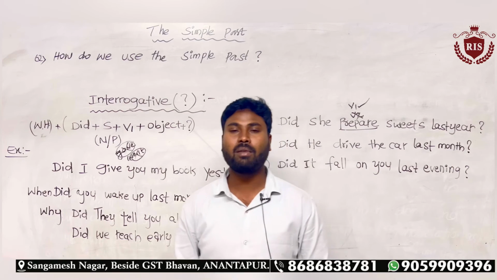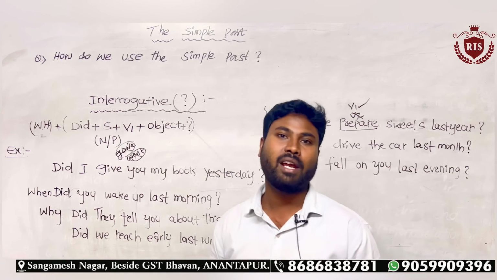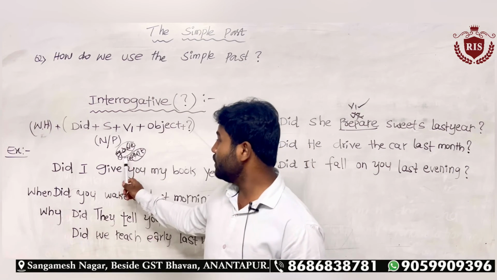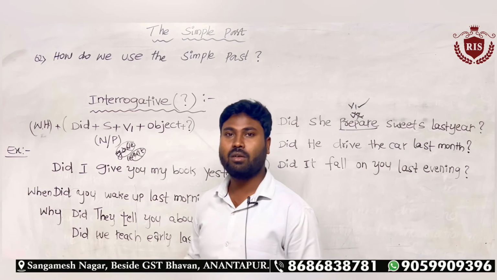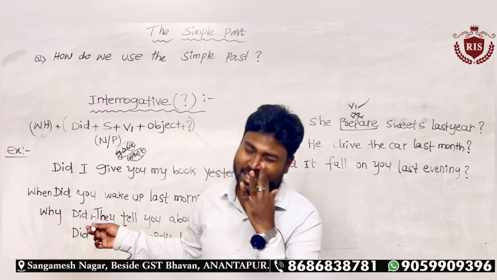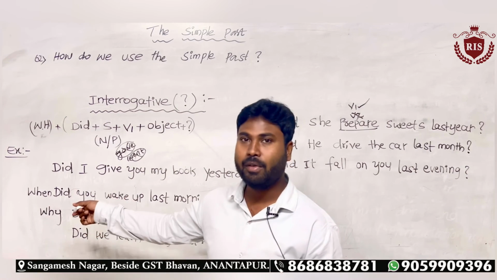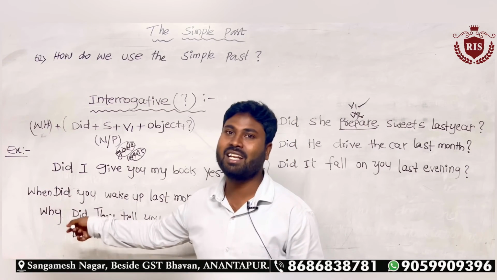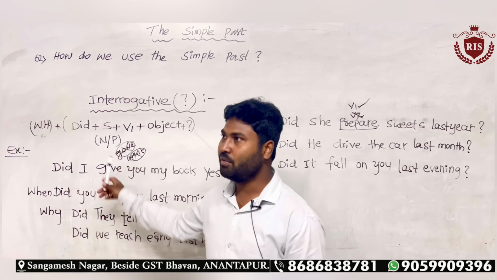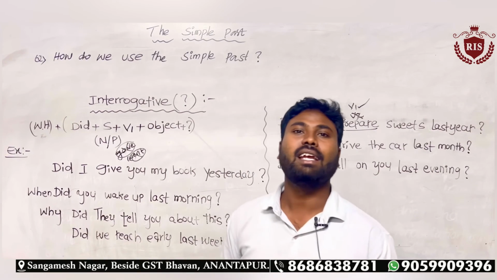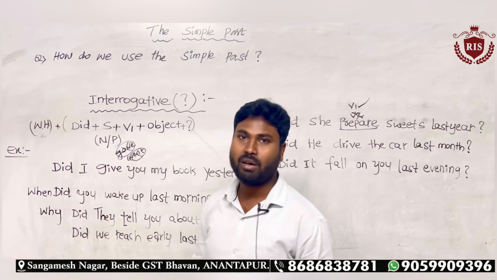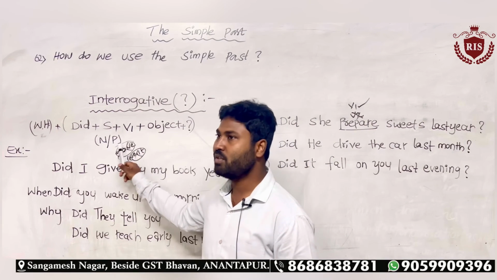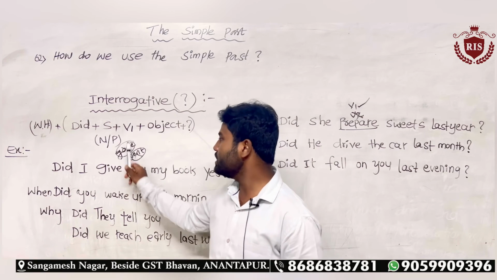Once again I would like to remind you what you have to remember: in the question form, after the auxiliary, after the subject, you have to use only the infinitive form of the verb. You cannot use the V2 form, the simple past form of the verb. It is incorrect.